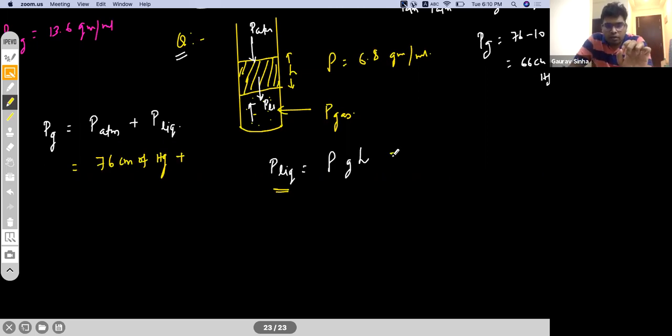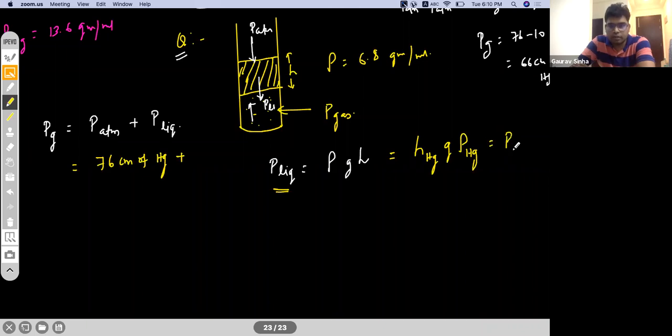Now we'll find out what should be the height of the mercury column which exerts the same pressure as this height of liquid does. So what we have done is taken the pressure of this liquid and equated it with a certain height of mercury.